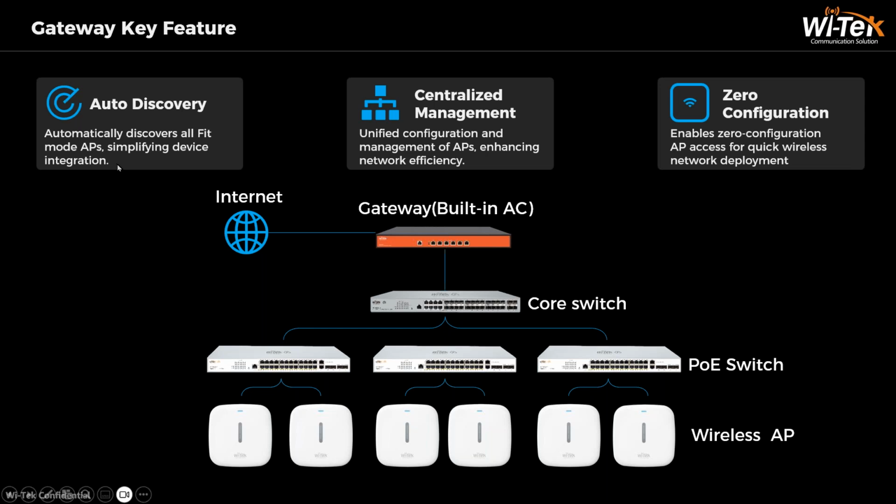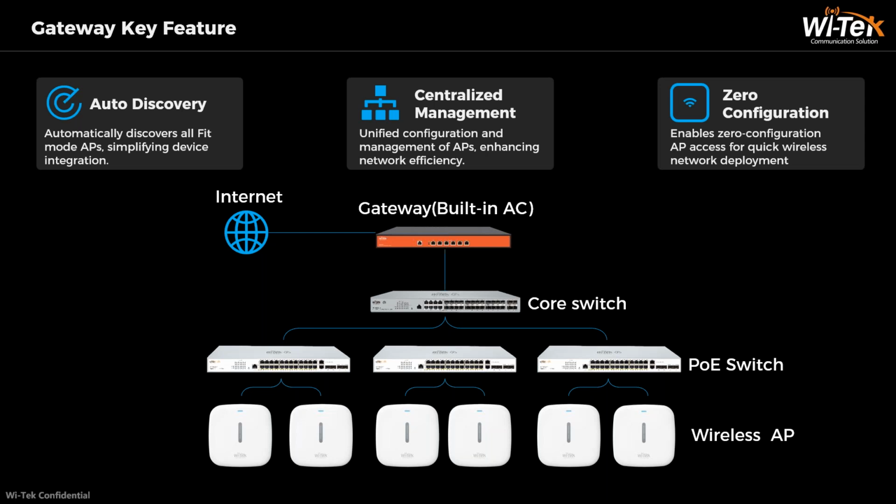Because in fit mode, our gateway can automatically discover our wireless APs, and the wireless APs have no configuration of their own. All configuration is saved in the gateway, right?